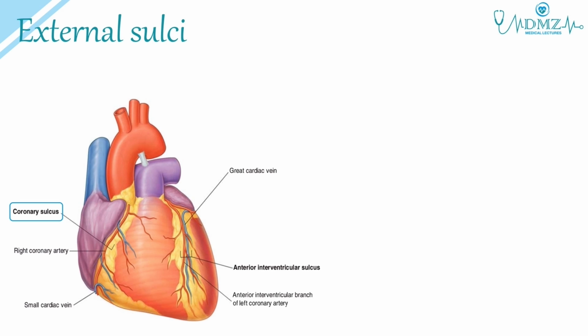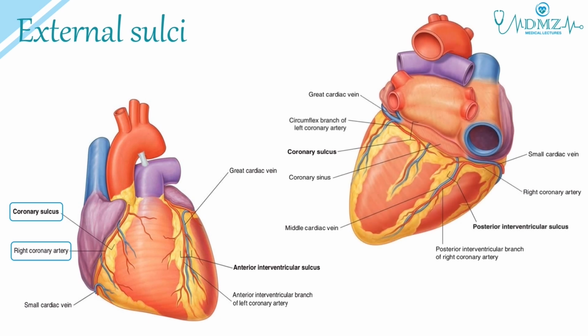It contains the right coronary artery at the anterior part, and at the posterior part, it contains the small cardiac vein, the coronary sinus, and the circumflex branch of the left coronary artery.